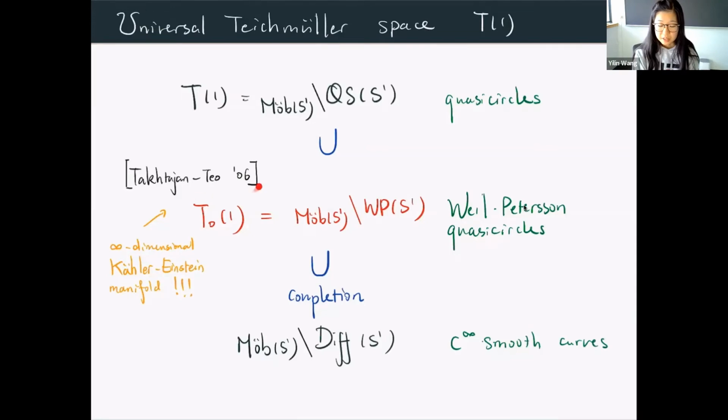Takhtajan and Teo also showed that this is an infinite-dimensional Kähler-Einstein manifold, which means that if one computes the Ricci curvature for this Weil-Petersson metric, inside the Ricci you have to take an infinite sum in the trace, which without any normalization is summable. And this Ricci curvature is proportional to the Riemannian metric. And this is quite amazing. It's a space with a lot of structure and all the good properties.